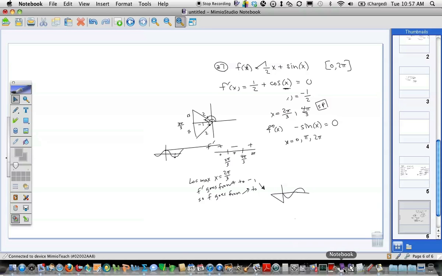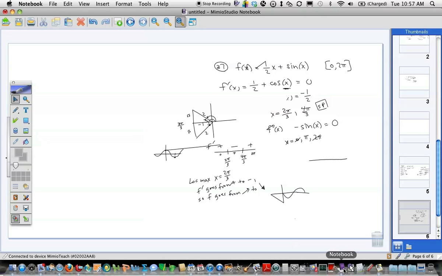Typically, as a rule, we do not include inflection points and local max or mins at the endpoints, just because we don't have information on each side. I'm not even sure in the back if they did include that or not. I'm going to say let's not include points of inflection at our endpoints. All right.